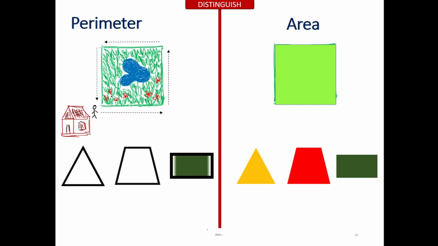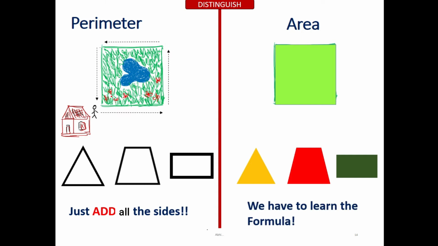The border is exactly the perimeter that you calculate and the area is the green region. I hope now you have a clear idea to distinguish between a perimeter and the area of a figure. To keep it simple, for the perimeter you just add all the sides, and for the area we have to learn the formula.